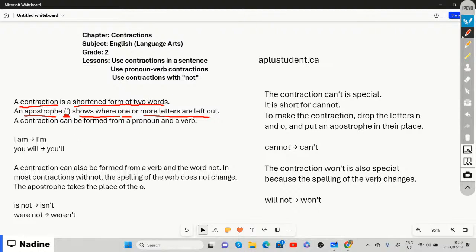If you leave two letters out, you don't put two apostrophes next to each other. We always just add one apostrophe. And a contraction can be formed from a pronoun as well as a verb.